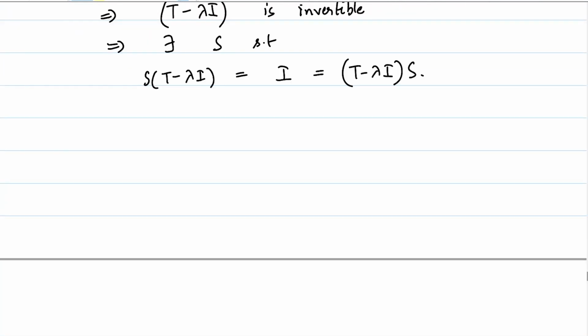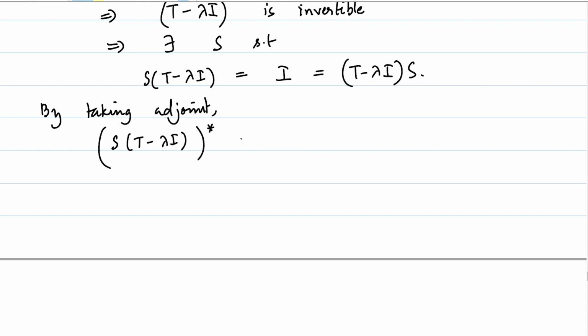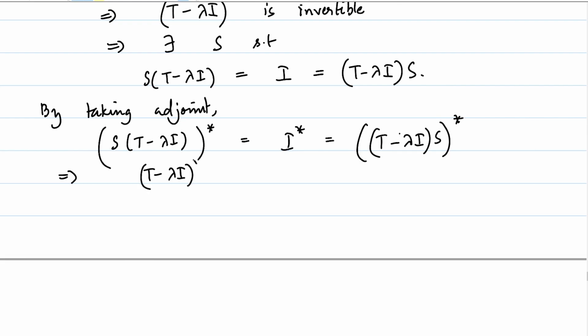Now let's look at the adjoint of this. By taking the adjoint, we get S times T minus lambda I whole adjoint is the adjoint of I, which is the adjoint of T minus lambda I times S. Let's use the properties which we have just studied to conclude that T minus lambda I adjoint times S adjoint is the adjoint of I, which is I, which is equal to S adjoint times T minus lambda I adjoint.